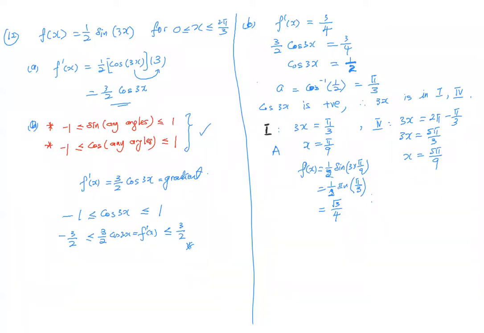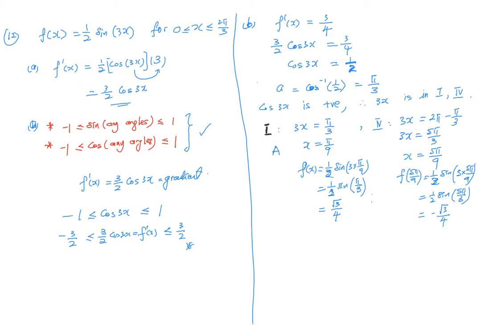So your f(x), that is 5 pi by 9, will be equal to half sin 3 times 5 pi by 9. So this is half sin 5 pi by 3. Okay, and you look at it, the coordinate will be negative. So this is negative root 3 over 4.